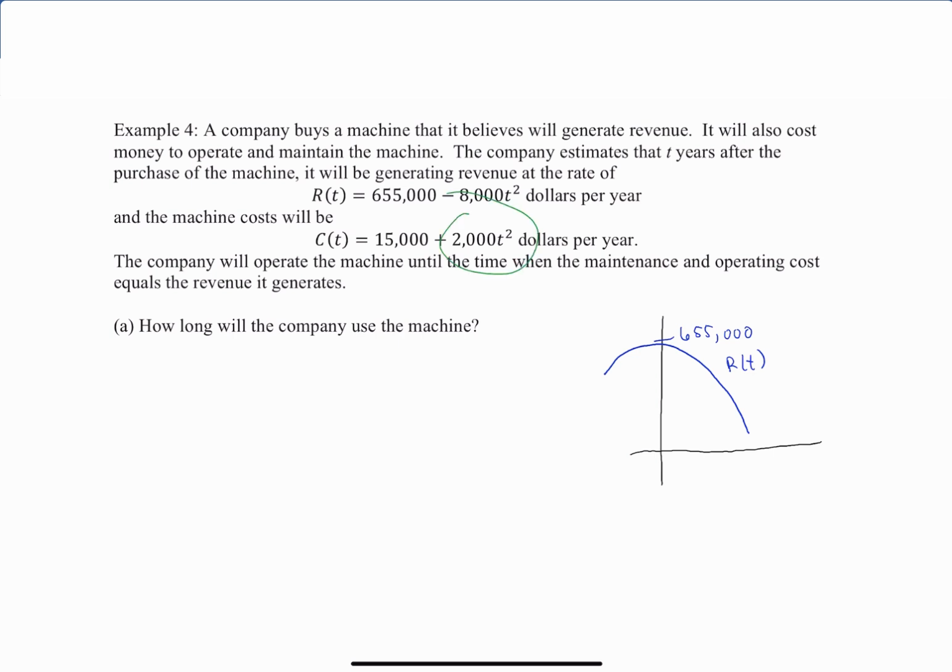That parabola is going to be opening upwards because the coefficient on that t squared term is positive. And again, I don't care exactly what this looks like, just some parabola opening upwards. And I can see the y-intercept is at 15,000 because if we were to put a 0 in for t, all that would be left would be 15,000.